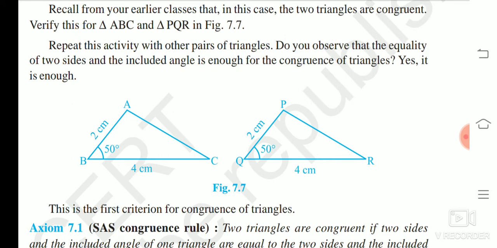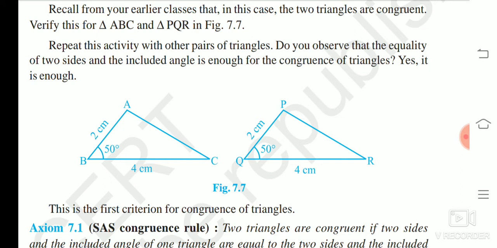Instead of 50 degree, you may have any degree. Compare these two triangles. Here 50 degree is given, and also 4 centimeter, 2 centimeter, in between 2 centimeter and 4 centimeter, here angle B, angle Q. So that is 50 degrees given. So automatically the third side is also equal. That is AC equal to PR.